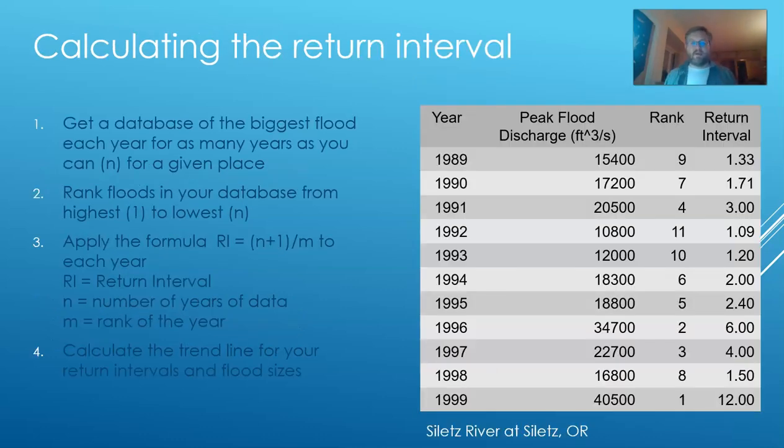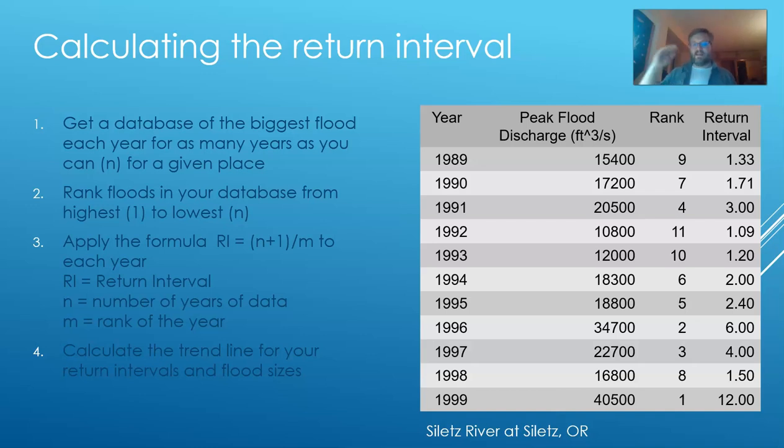So here's an example of how we would do that calculation. You start by getting a database of the biggest flood each year for as many years as you have for the place that you're trying to calculate the return interval or the exceedance probability for. Just as an example here, this is 11 years of data from the Siletz River in Oregon from 1989 to 1999.